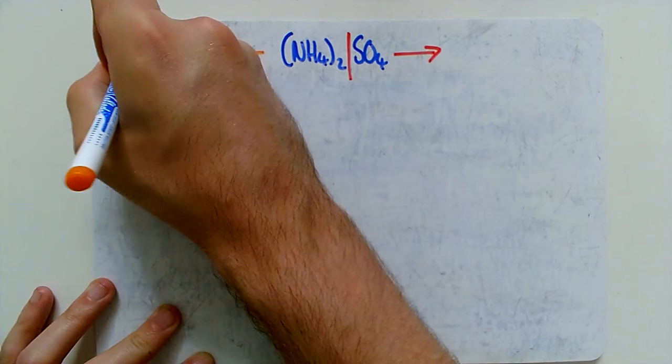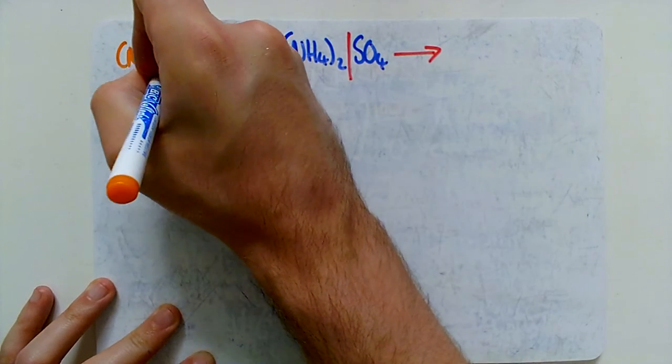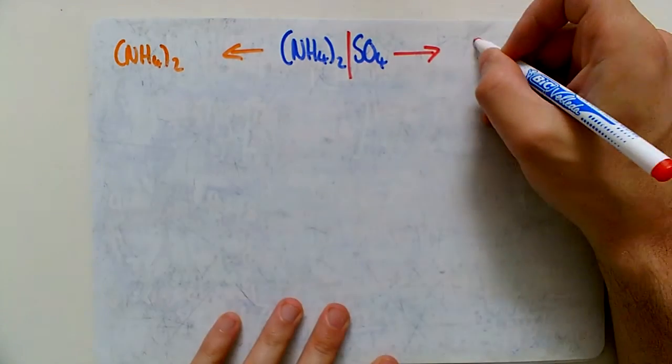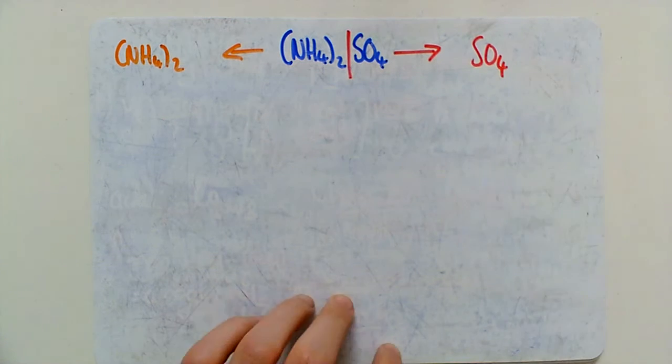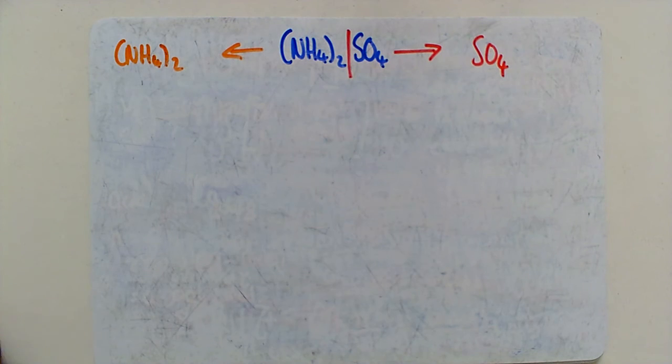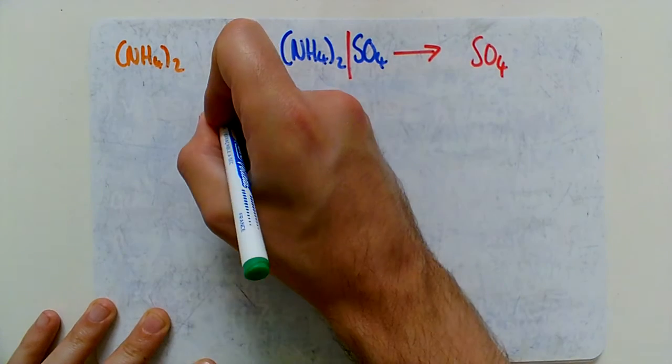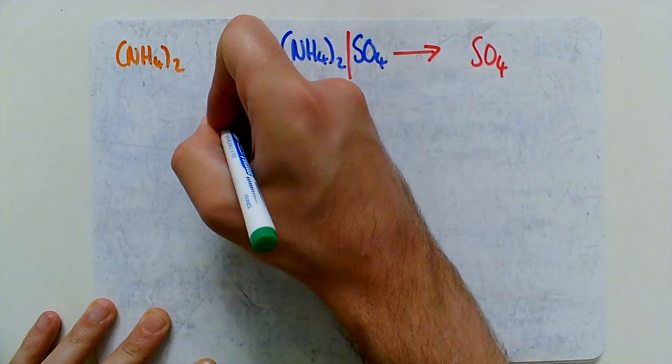So what we've got here is NH4 in brackets with a 2, and over here we've got SO4. Now, like last time, we're going to just remove the bracket, and there's a number 2 on the outside, so we're just going to write it times 2.